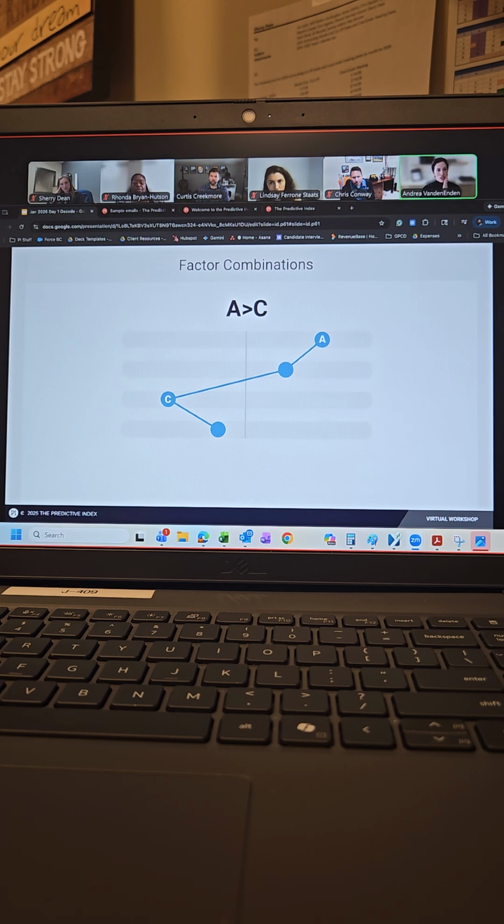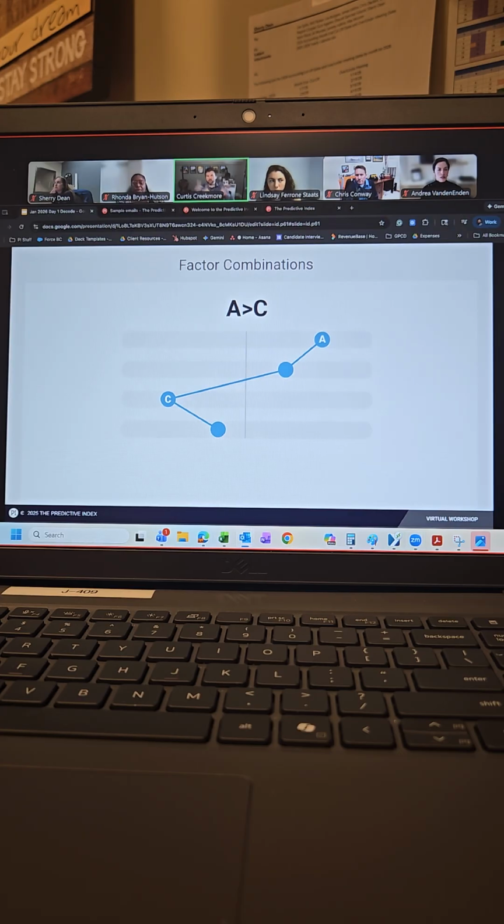Can I ask a quick question, Curtis? Absolutely, yeah. Are you suggesting, or I might be jumping ahead, that really there's only one factor combination that applies to someone and it's the extremes of their profile? No. Okay. But that's just how you're reading each individual one. Correct, yeah. So the widest factor combination, in this case, this is the widest factor combination.